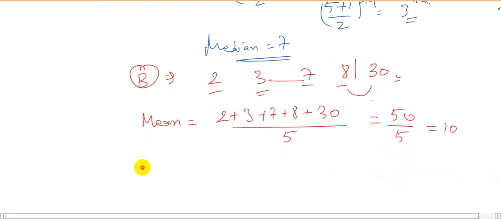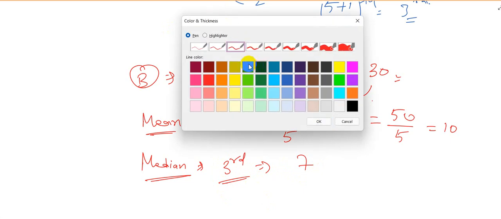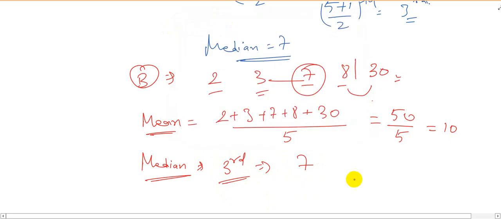And now let us again find the median. The median is again the third observation, which is nothing but your 7. Okay, 7 is the median.